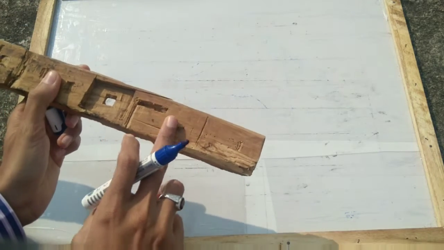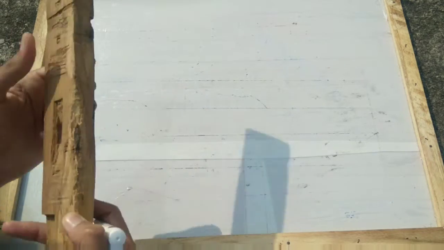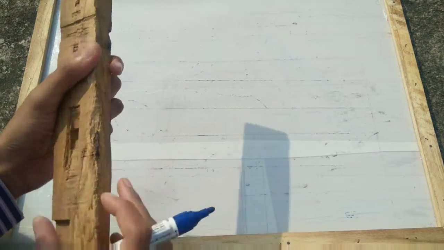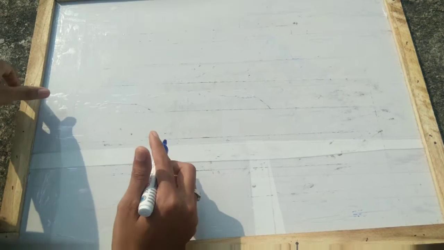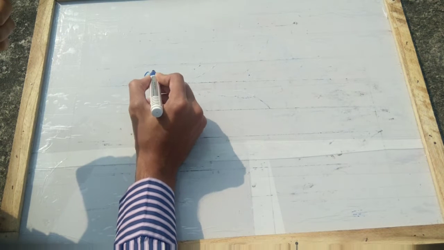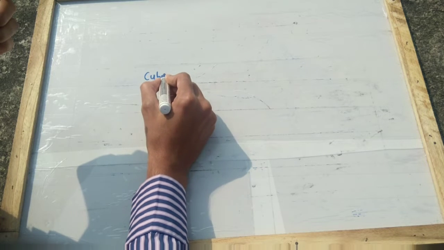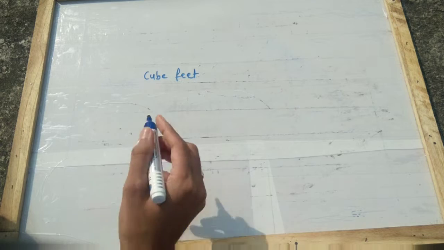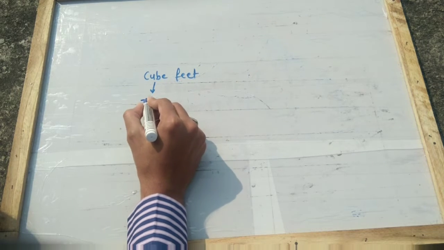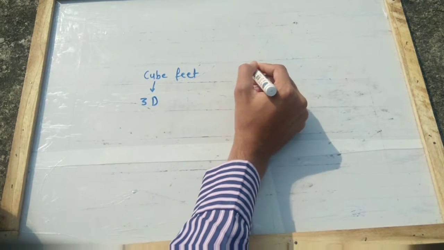So first, this is our subject. We need to calculate the size of the wood, so first we calculate what is cube feet. Friends, see on the board, cube feet means cube means 3 dimension, 3D.